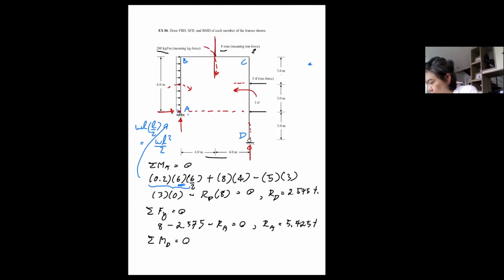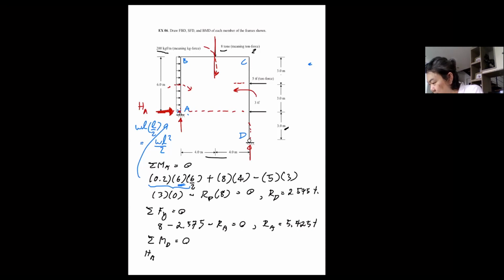Because you can just easily say that your HD is equal to 8 minus the uniform load. But let's say HA, if you take moment at D now, you're gonna have HA, which is this, multiplied by 3, right? I tend to use the H for the horizontal reaction, so that's HA.